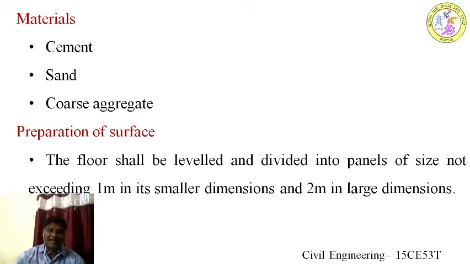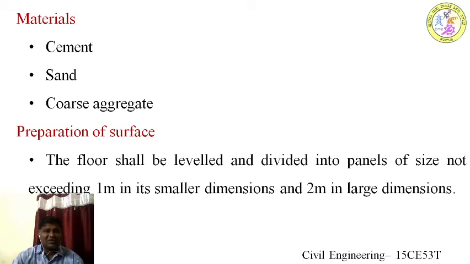Immediately after that, the leveling will be carried out. Leveling of the floor: what is the level to which you have to finish the floor? That is, you are going to fix buttons, and then you are going to provide sufficient slope where the water has to drain after finishing the floor.